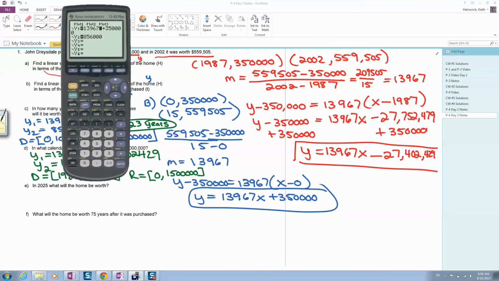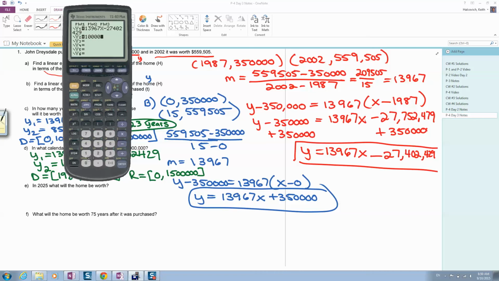We can use the 13,967, but now we have to do minus, and then it's 27 million 402,429. Then this is 1 million for y sub 2. Got enough zeros? Nope, one more.